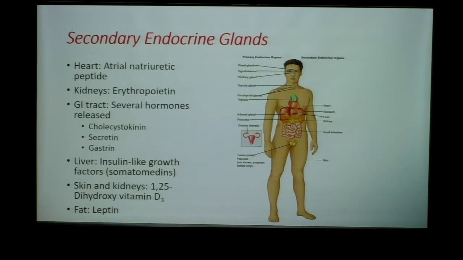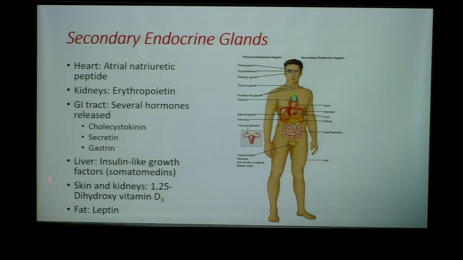So this also functions in the endocrine system. The GI system, lots of different hormones here. CCK, secretin, gastrin. We'll talk about these when we look at the GI system next semester. But these are also important hormones that are released as a secondary function of the GI tract.